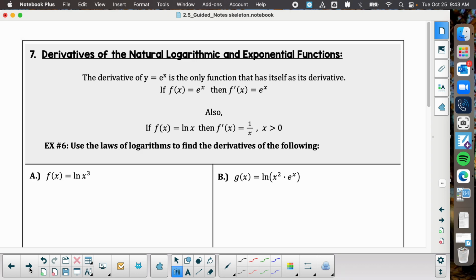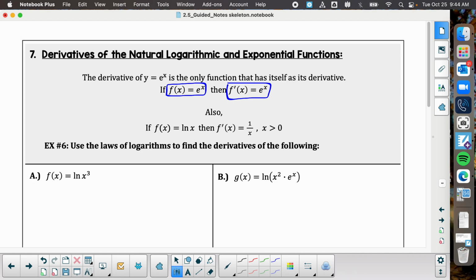cosine. Here's the last two derivatives we're going to learn. The first one is awesome. If you have e to the x, the derivative of e to the x is e to the x. By far the best one out of all of them, which is super weird.